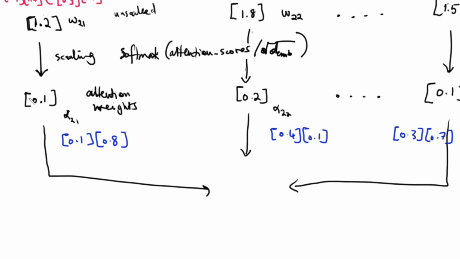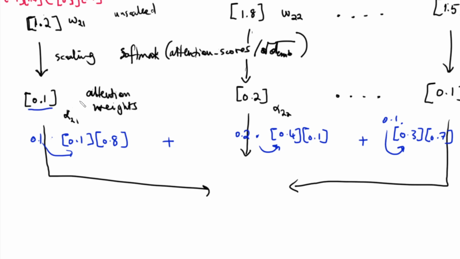What we would have done here is to say 0.1 multiplied into this plus what is our attention is 0.2 into this plus 0.1, which is our attention weight for the last one, into this plus. So we add all of them.